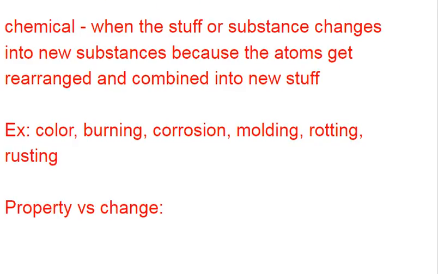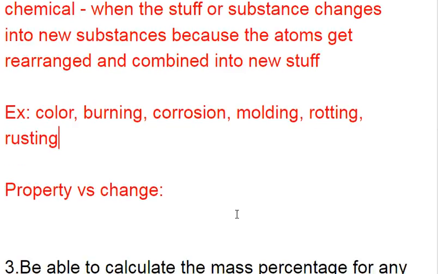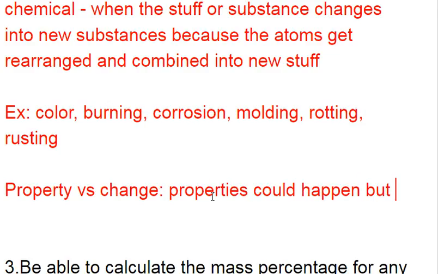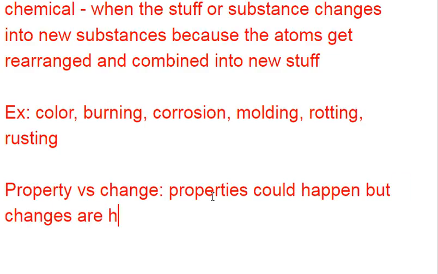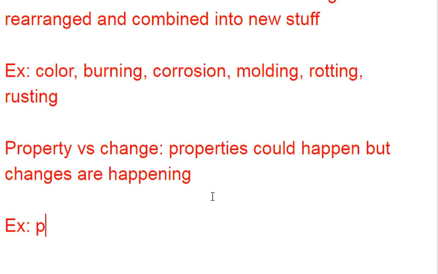The other thing I want to mention is the difference between a property versus a change. A property is like it could happen, but a change is it is happening. That's kind of the difference: properties could happen, but changes are happening. So my example would be paper is flammable. Do you guys know what the word flammable means?